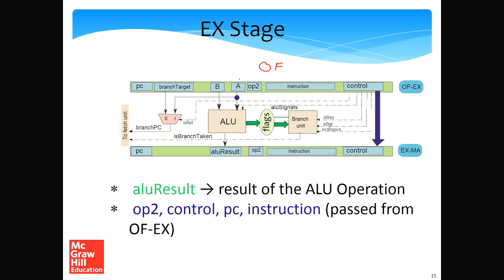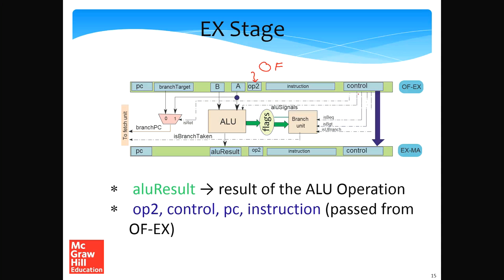We get the first ALU operand, which is A. We get the second ALU operand, which is B. And in the case of a store, the data that needs to be stored is in OP2. And the rest is all normal stuff: the instruction, the control for the instruction, the branch target, and the PC.